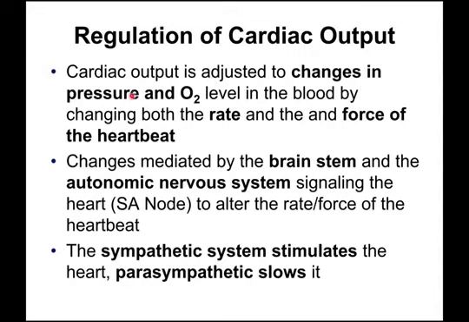But basically, changes in these activate the autonomic nervous system by going through the brainstem. So signaling from different types of receptors will stimulate the brainstem, which then through the autonomic nervous system could increase the rate and the force of the heartbeat.